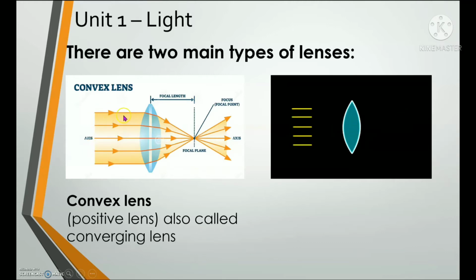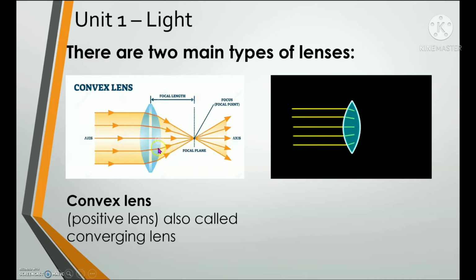So these are all the light rays. Okay? So it's in parallel lines or straight lines. When they pass through a convex lens, the light rays bend slightly inward.